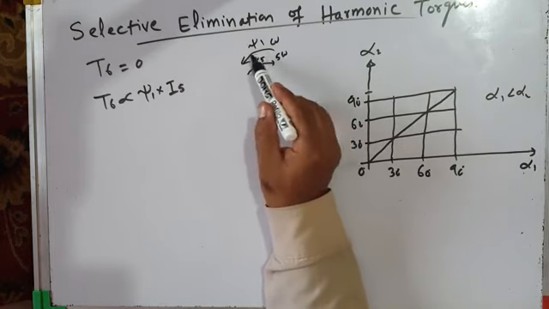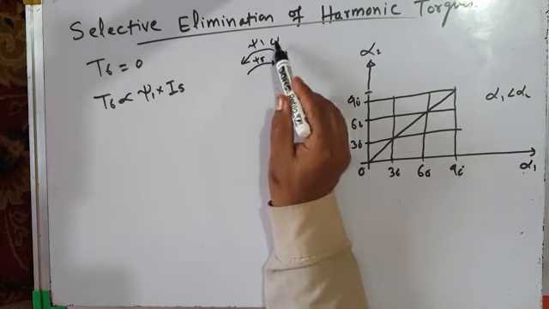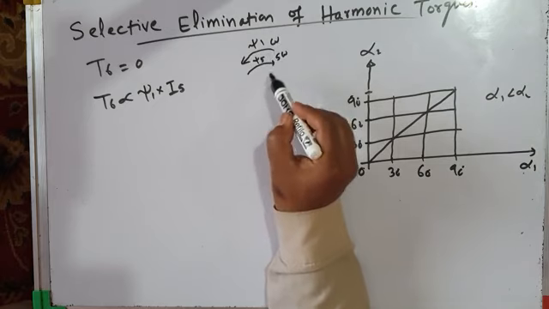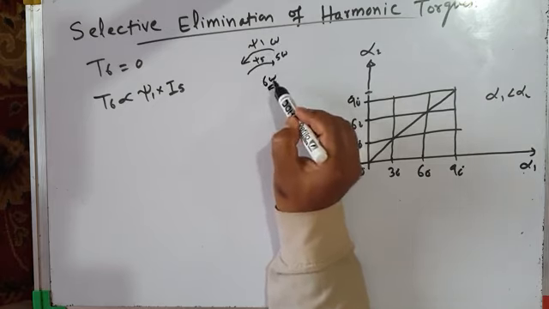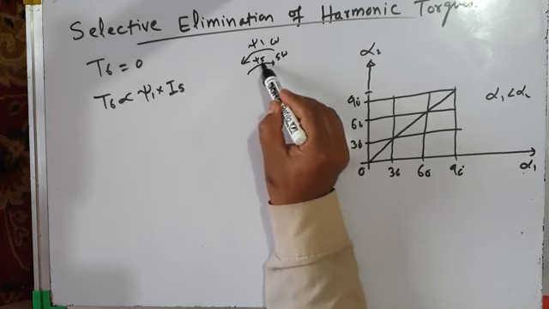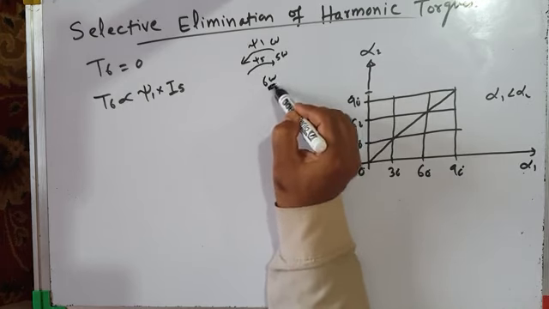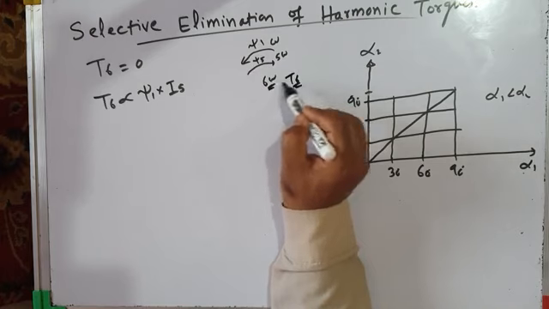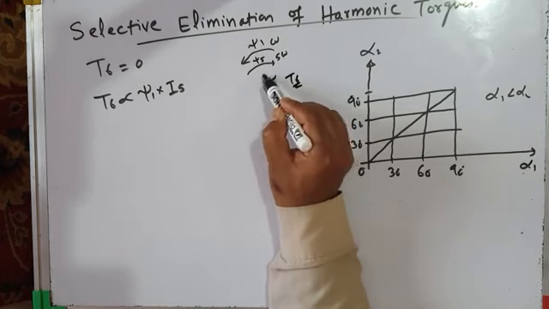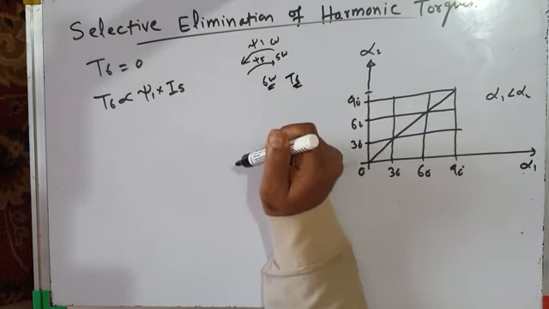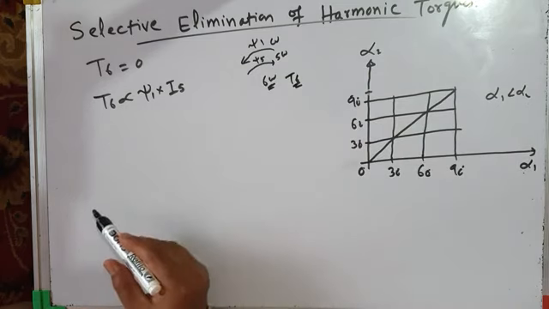So what is the relative speed between the two? It is omega plus 5 omega, that's 6 omega. And 6 omega means the interaction of phi1 and phi5 will give rise to a harmonic torque T6, revolving with a relative speed of 6 omega. So this is the production of sixth harmonic torque.